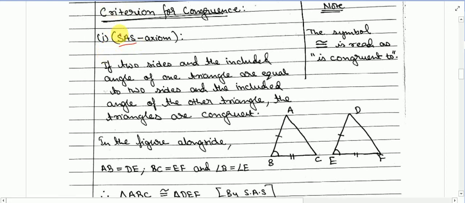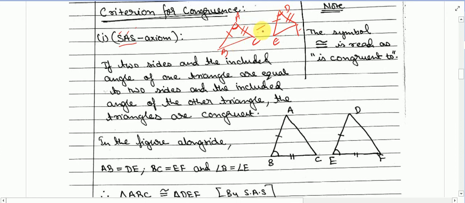First one was SAS, meaning side angle side. Let's say you have two triangles ABC and DEF. Suppose this side is equal to this, this is equal to this, and the angle including these two sides is equal.